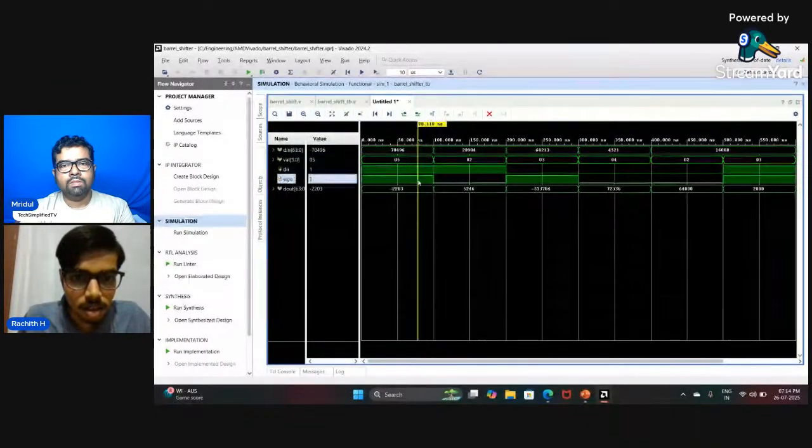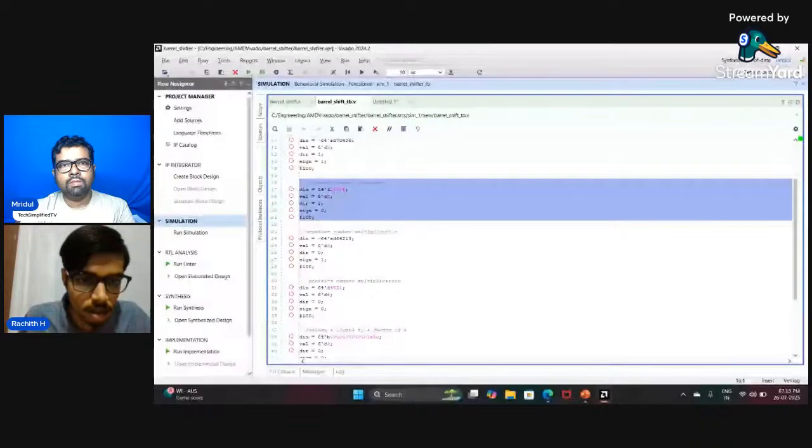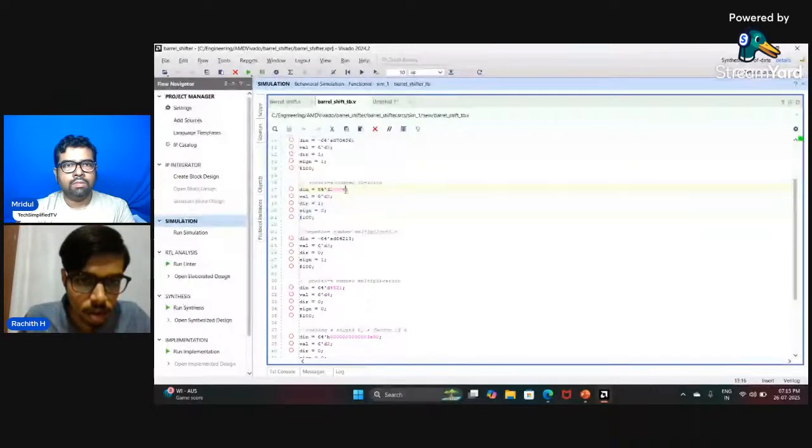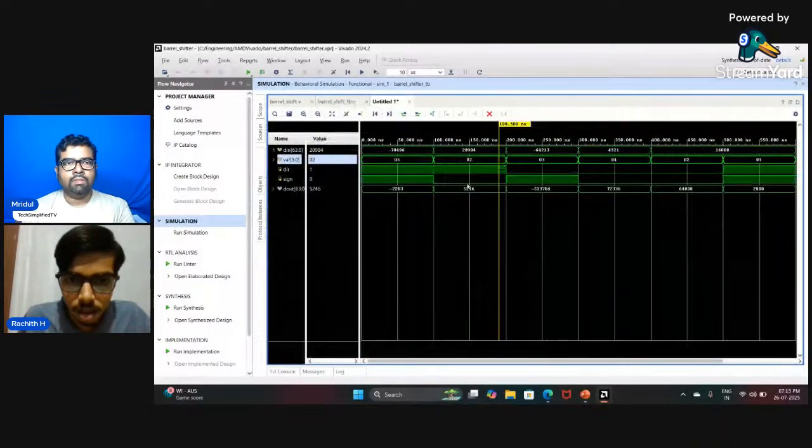So this indicates that the right shifting is working fine. The next test case is positive number division. So 20,984 divided by 2 power 2, and direction is right side, and this is an unsigned number. We are not considering the sign here. And if you check out the output, that would be 5246.